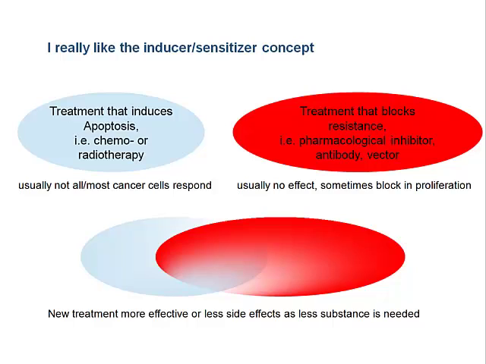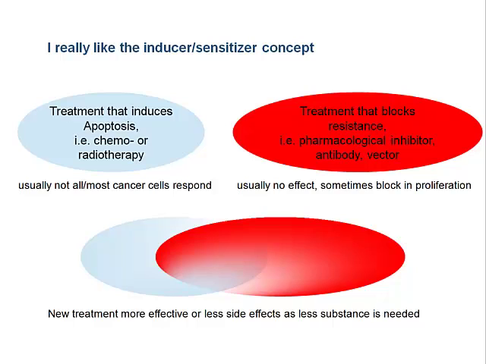And this basically brings us to the concept I like to use in the context of the PI3 kinase pathway, and that's the inducer and sensitizer concept. We use a treatment that induces apoptosis, that would be chemotherapy or radiotherapy, which usually, because cancer cells are resistant towards apoptosis, doesn't kill all or even most cancer cells.